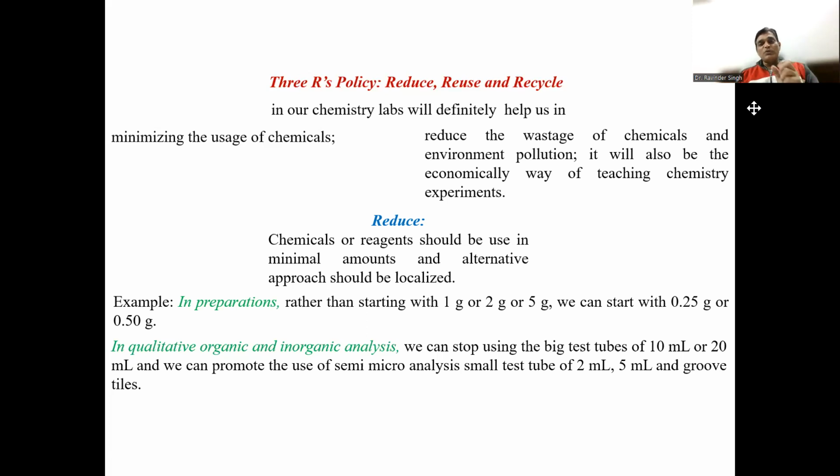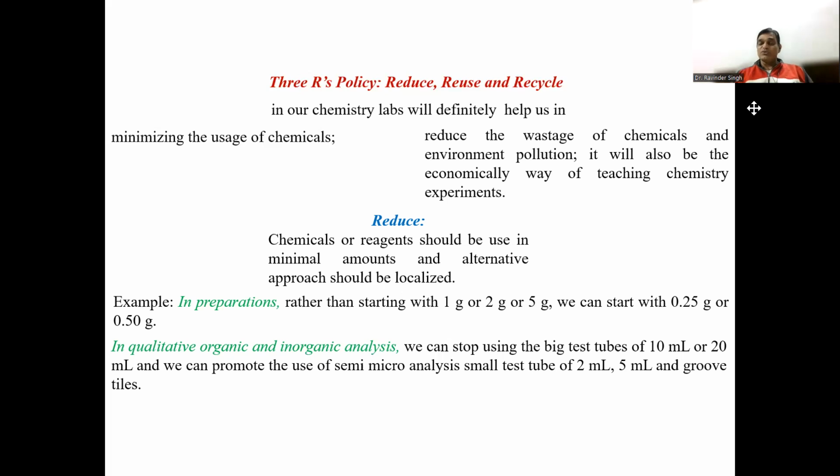If we put 1 to 2 drops of a chemical on the groove tiles, then add another chemical to find out the result on the same groove tile in a very small amount, that will give the same result. In this way, we can reduce pollution and the use of chemicals, and finally approach greener technology.